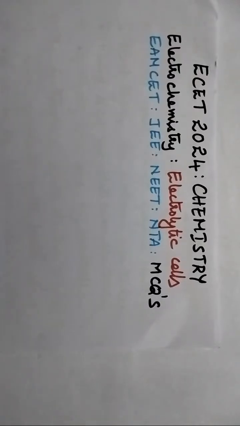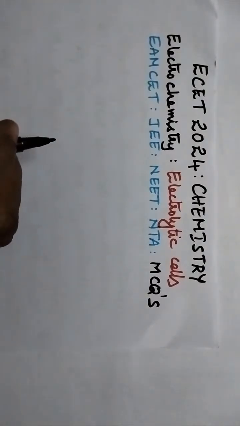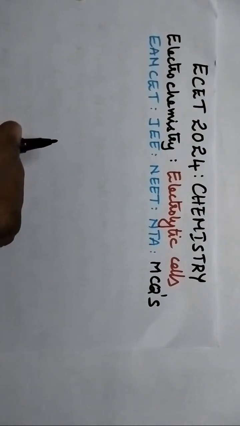In this video, I am going to discuss in detail about the electrolytic cells. So, an electrolytic cell is a device that is used for the conversion of electrical energy into chemical energy.